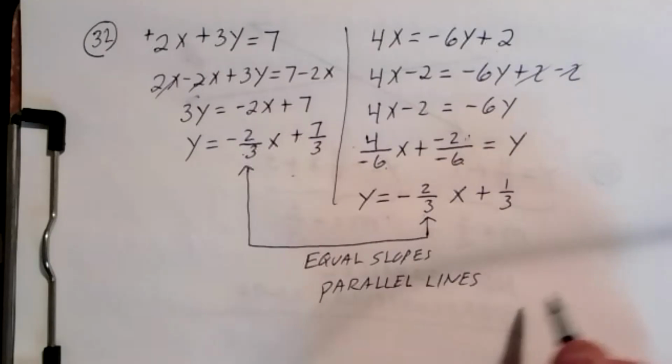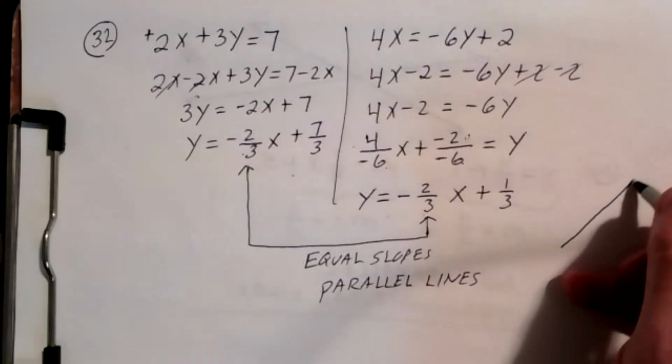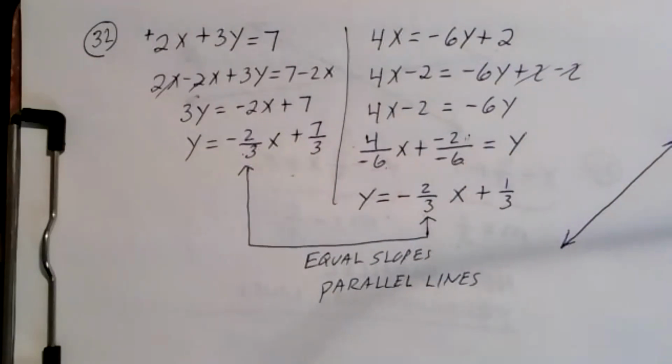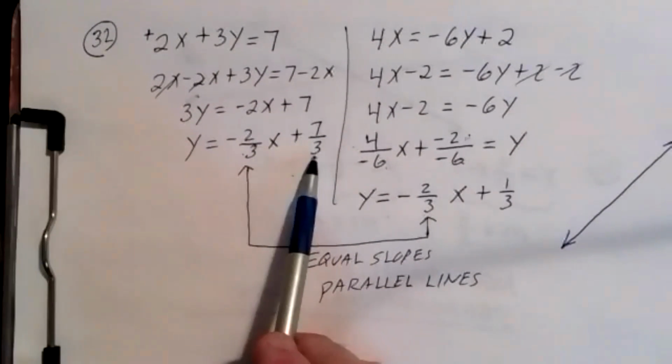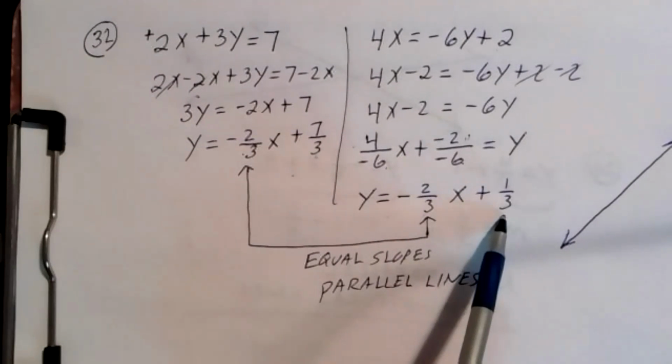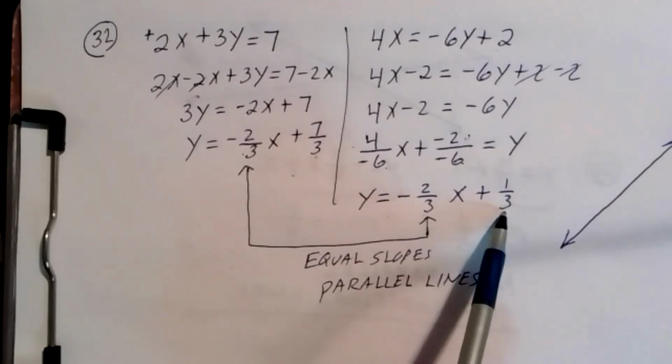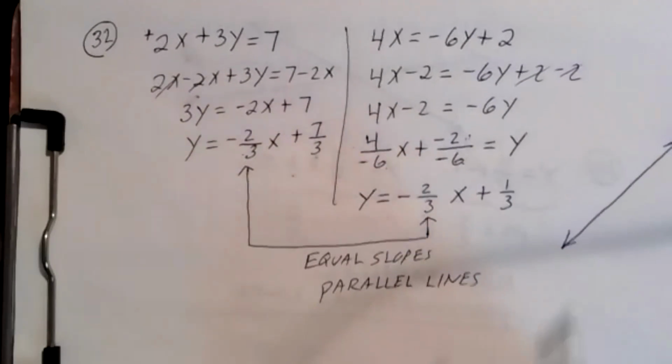Ladies and gentlemen, they're parallel lines, but how do I know they're not the graphs of the same line? Because any line's parallel to itself, is it not? Yeah. The y-intercepts are different. Now notice these y-intercepts are not the same. This line would go to the y-axis at 2 1/3. The graph of this linear function would go to the y-axis at 1/3. They're different lines. They're not the same line. They're parallel lines. Okay.